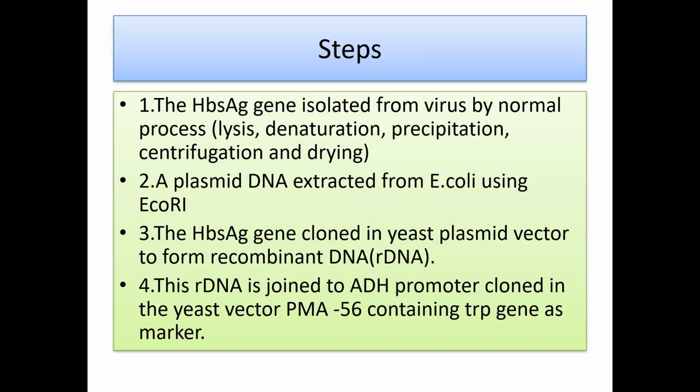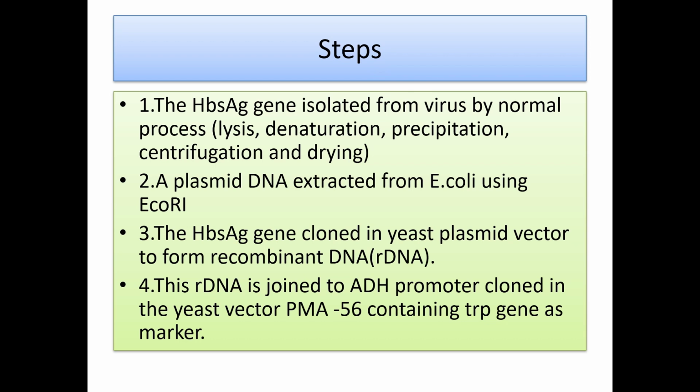The steps involved in the production of hepatitis B vaccine. First, we isolate the hepatitis surface antigen gene from the virus by the normal process, that is lysis, denaturation, precipitation, centrifugation, and drying. And we obtain a plasmid from E. coli using EcoRI.